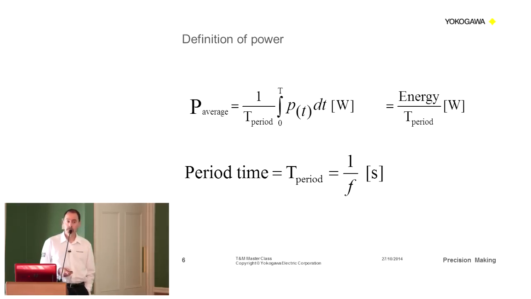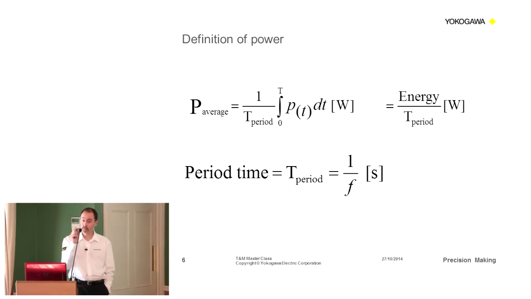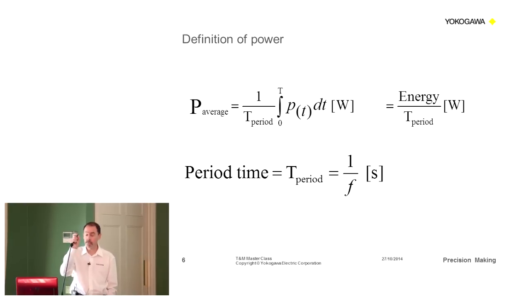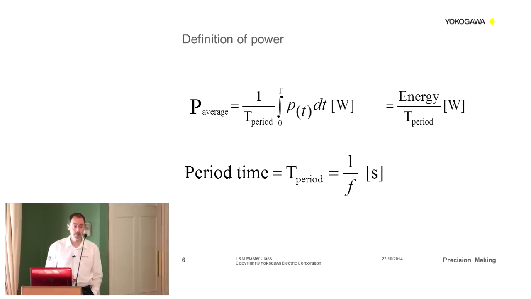Let's quickly look at the definition of power in its basic sense. We have an integration going on. We've got tiny differences of power, sampled at whatever rate your instrument is sampling at. Generally speaking, these days we're sampling voltage and current simultaneously and multiplying them together in real time.